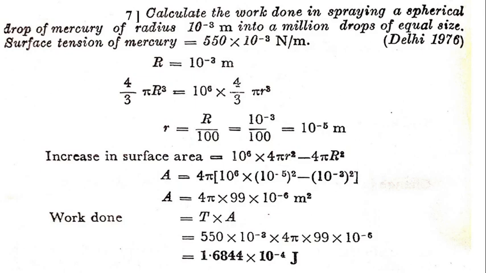Now see the example, that is calculate the work done in spraying a spherical drop of mercury of radius 10 raised to minus 3 meter into a million drops of equal size. Also the surface tension of mercury is equal to 550 into 10 raised to minus 3 Newton per meter, and R equal to 10 raised to minus 3 meter.